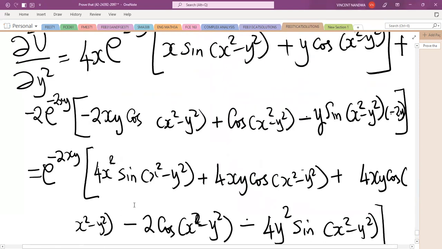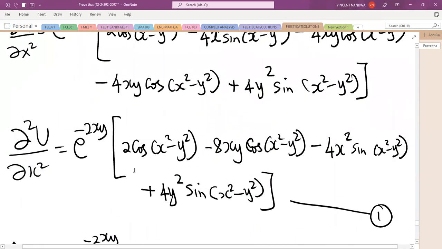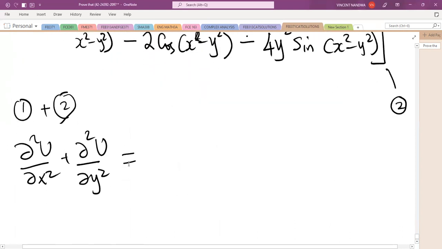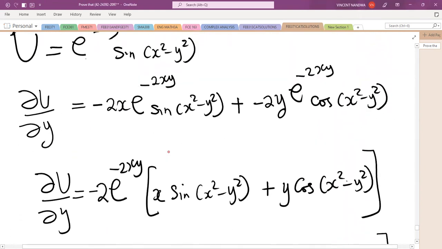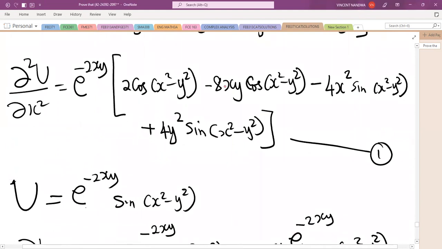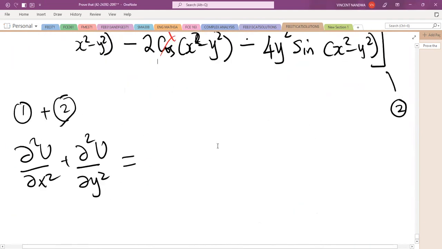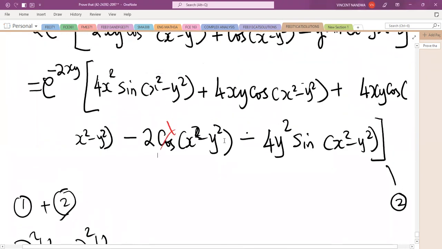Now let's see the terms in equation 1. We have 2 cos of x squared minus y squared positive, and here in this equation 2 it is negative. So these two terms will cancel out, so we'll not have a cos function. And then minus 8xy, but here we have, okay, so when you simplify, you'll have e raised power minus 2xy into 4x squared sine of x squared minus y squared.